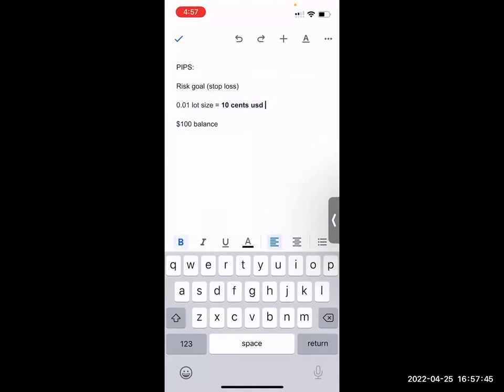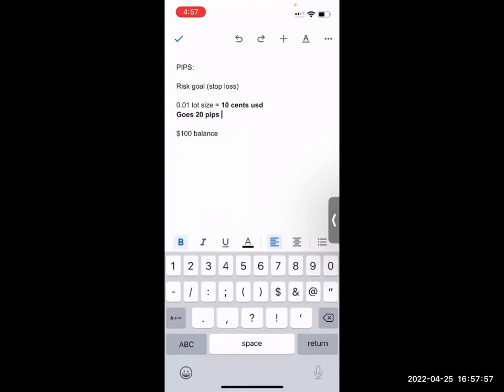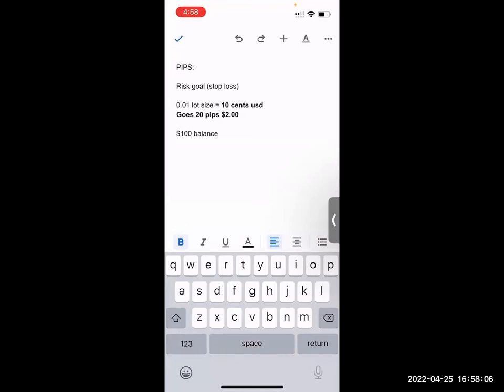If that 10 cents goes 20 pips, it's going to equal $2. Now, if it goes 20 pips into the stop loss, that means you're risking $2.